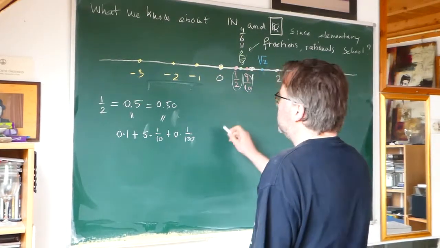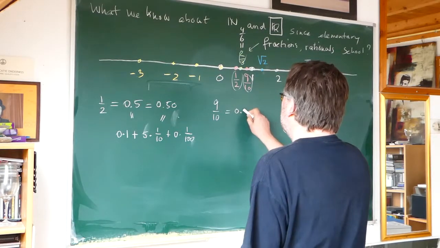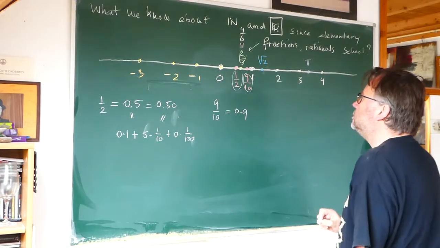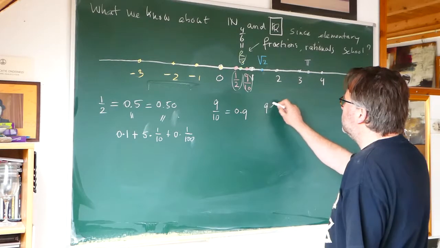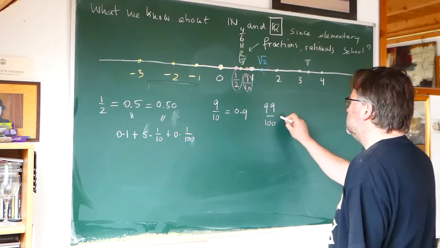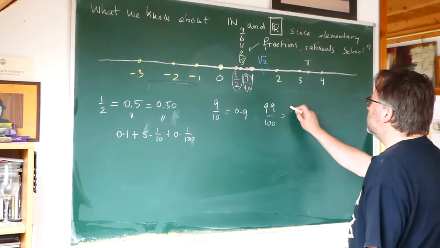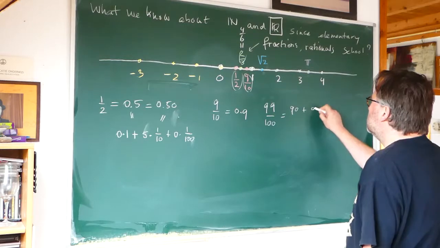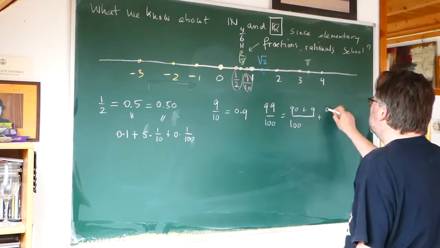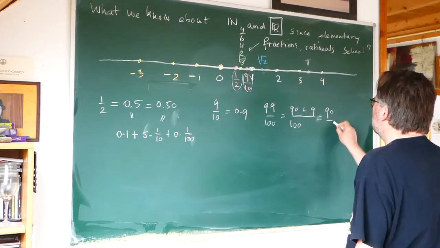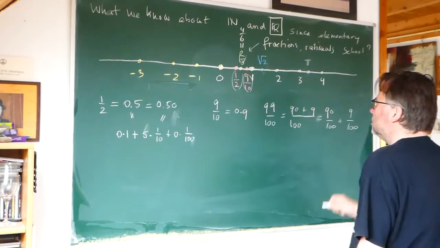Just like 9 over 10 is 0.9. And 99 over 100 is 90 over 100 plus 9 over 100.